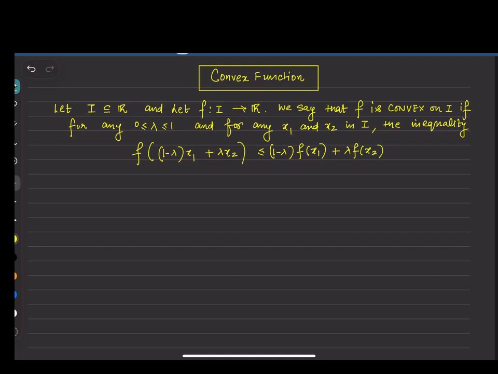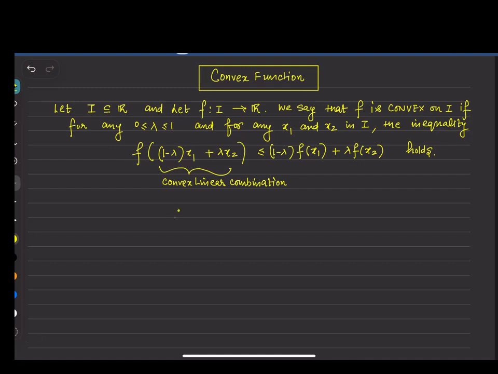If this inequality holds, then we say the function f is convex on I. This expression right there is nothing but a convex linear combination.